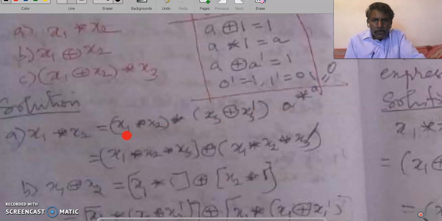Now I am applying the distributive property. X1 meet X2 meet X3 comes here, join X1 meet X2 meet X3 complement. By the distributive rule, this and this, this and this, the join comes here.